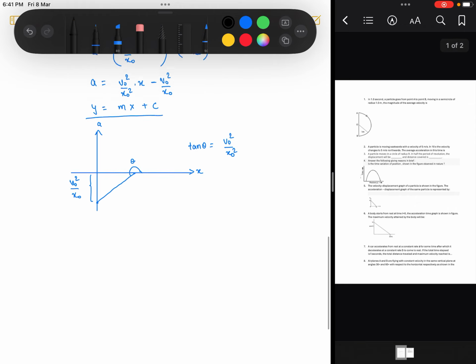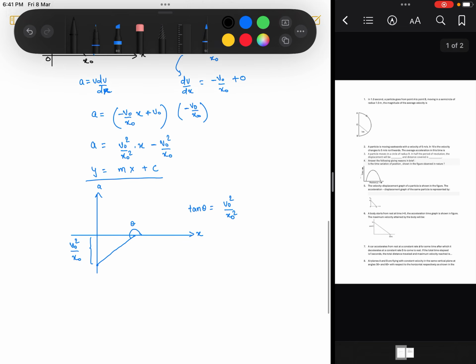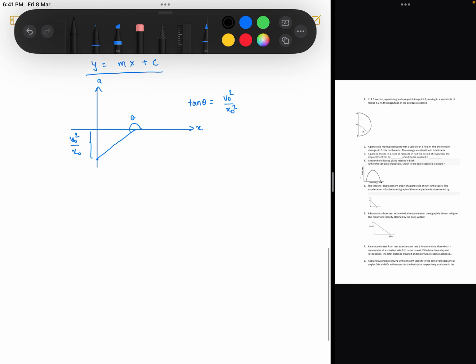Now coming to the next question, question number 6. In our sixth question, another graph is given. The graph is given between the acceleration and the time. Okay, so the graph is given like this.